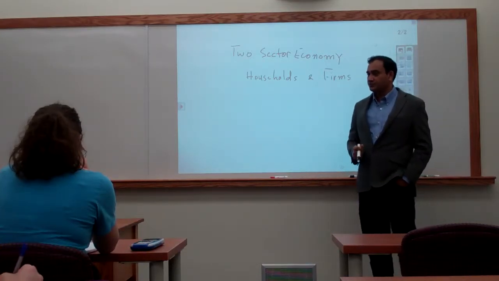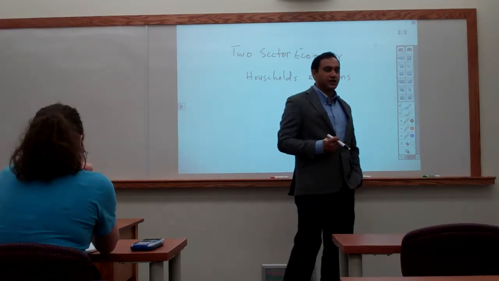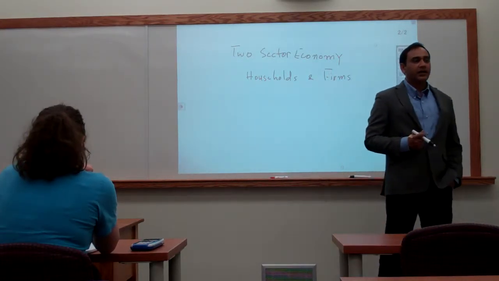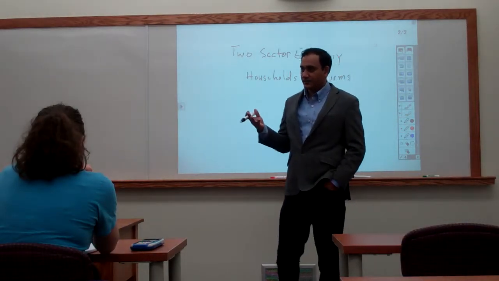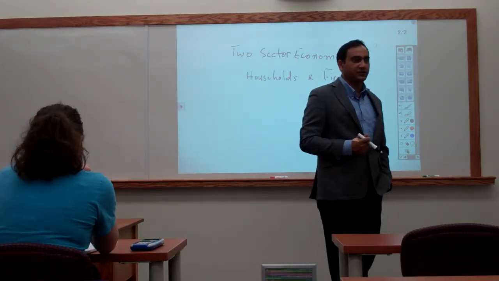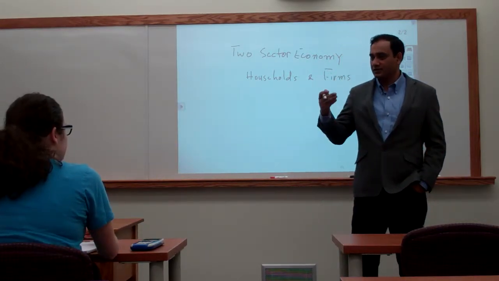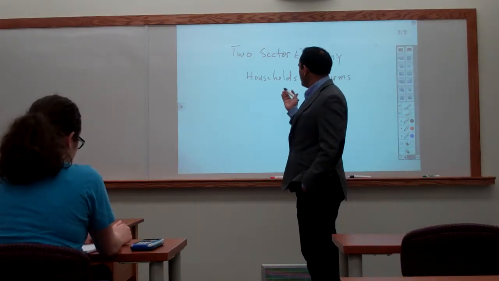Households and firms. And if you remember from chapter 6, how GDP is measured for an economy, there are two ways, right? Either you use expenditure method or you use income method, and both of them result in the same figure.